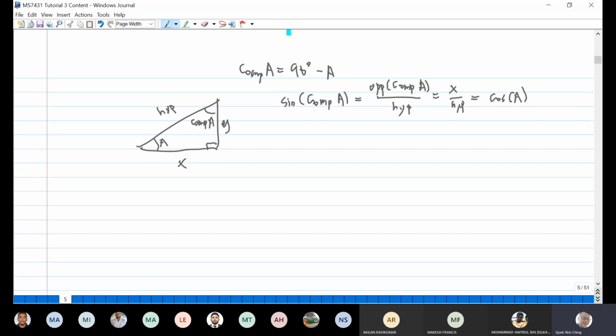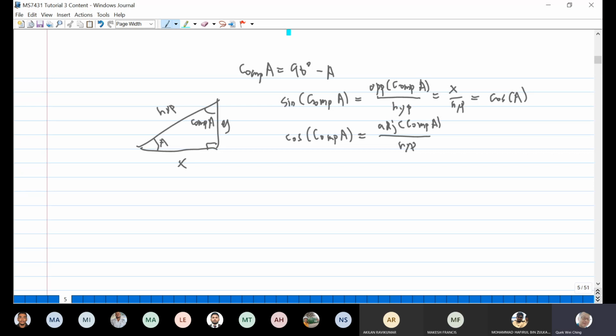Okay. Then how about others? Okay, we also have cosine of column A, is equal to, how to find cosine is adjacent. Adjacent of column A over the hypotenuse.